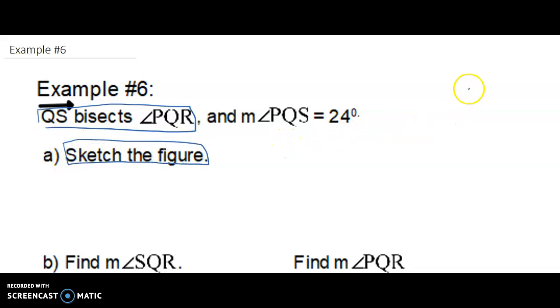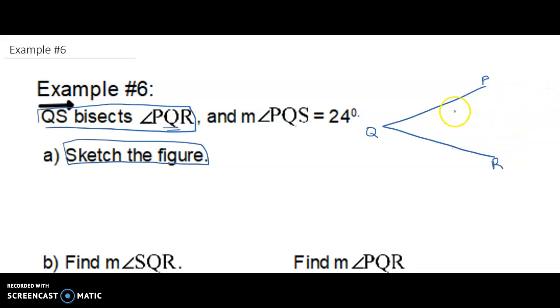All right, so first I want to write PQR. And remember, if Q's in the middle, that means it has to be the vertex. So P could be up here. Let's just say it's right here. And R's down here. If you wanted to have R up top and P down below, that's fine too.